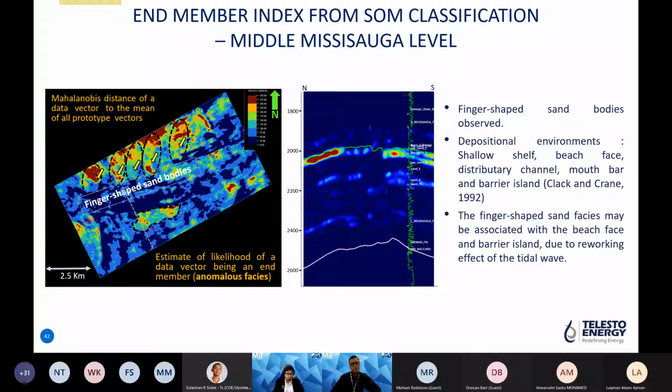We tested this data in one of the wells where this had shown some hydrocarbons, but the well was slightly off from the main sand body that we can see here.